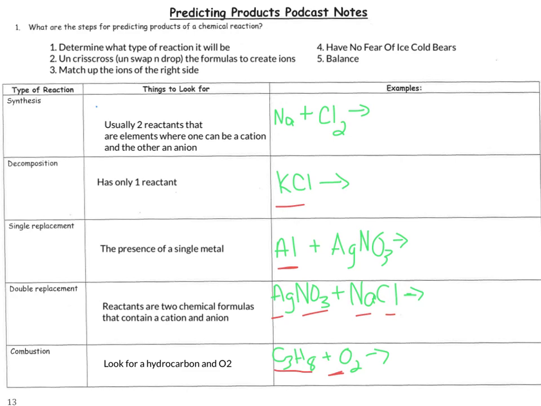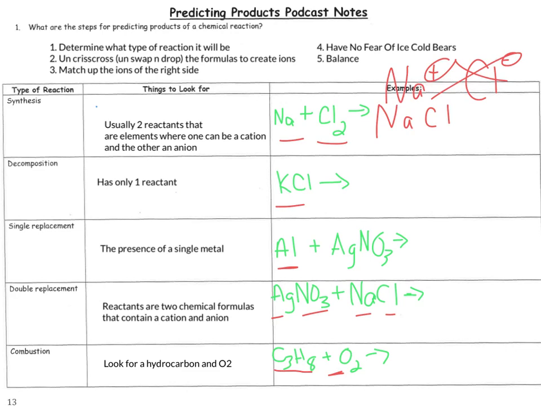So let's start with the synthesis. Here I have sodium and chlorine, and the only thing that 2 elements can do is make one compound. Sodium, you know, is a positive 1 charge, chlorine a negative 1 charge. When they come together, they're going to make NaCl, sodium chloride. That's a synthesis.